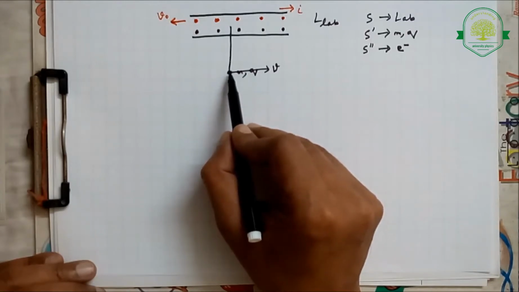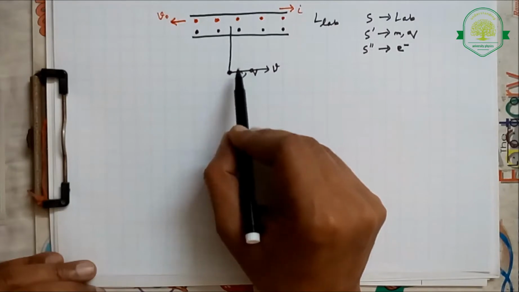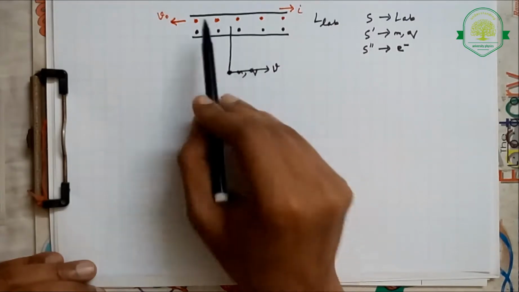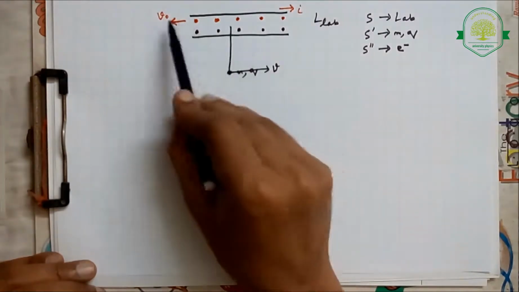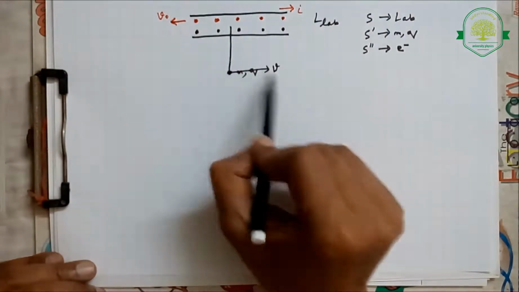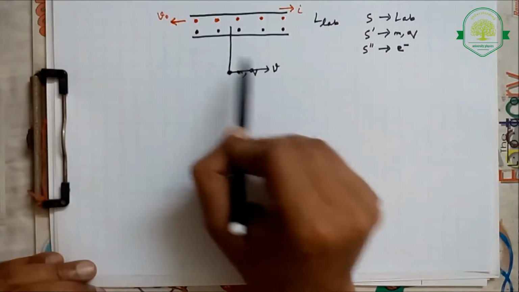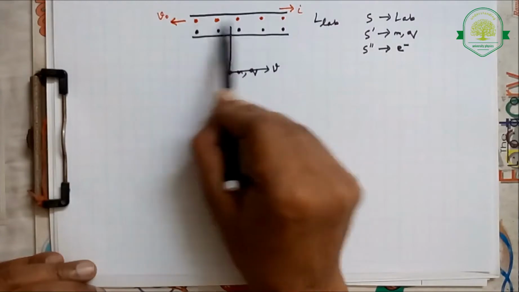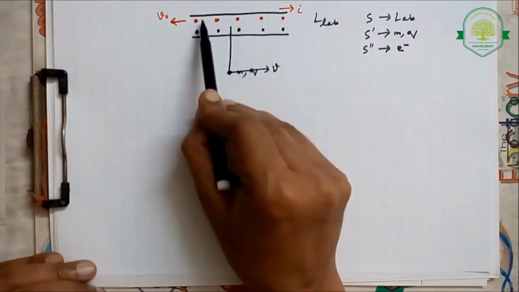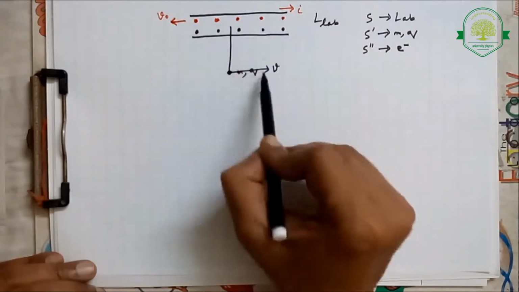What it will say is that it experiences an electric field. Because this is moving and the electrons are moving in that direction, there is a relativistic velocity addition going on, and therefore these negatively charged electrons suffer a Lorentz contraction as seen from this frame.